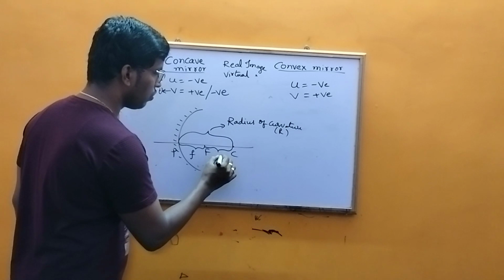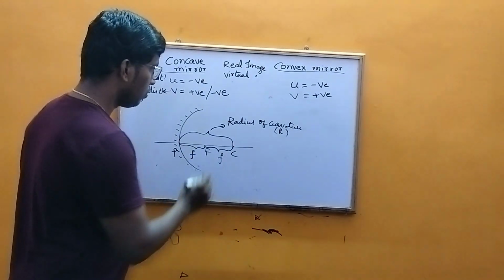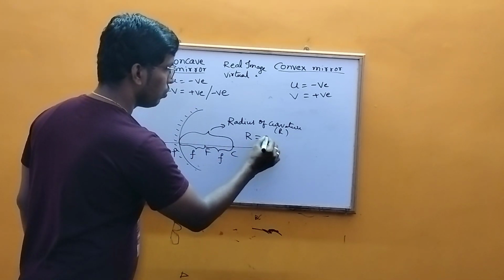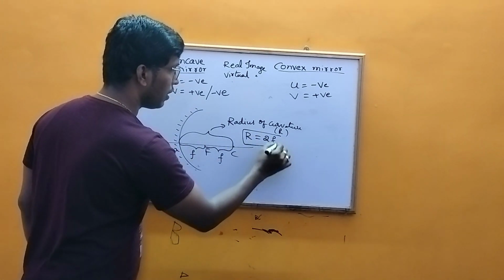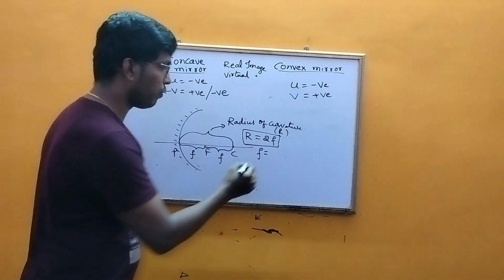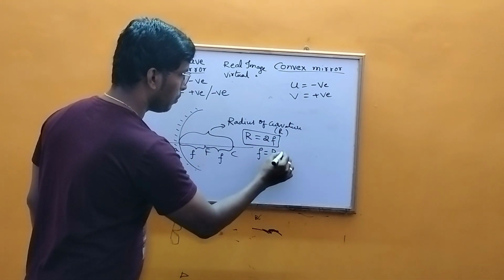Here F to C is also small f, the distance is the same. So 1 R is equal to 2 f's, so R equals 2f. This is the formula to find the radius of curvature. To find the focal length when the radius of curvature is given, the formula is R divided by 2.